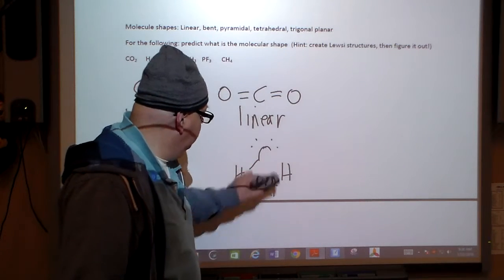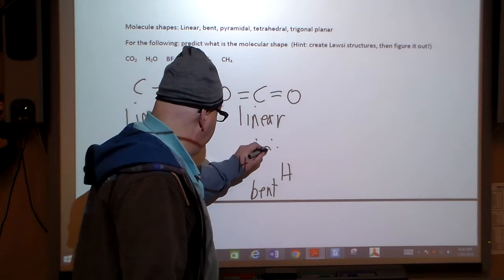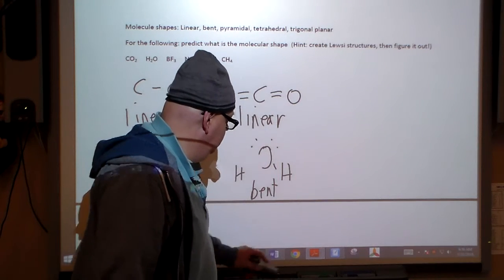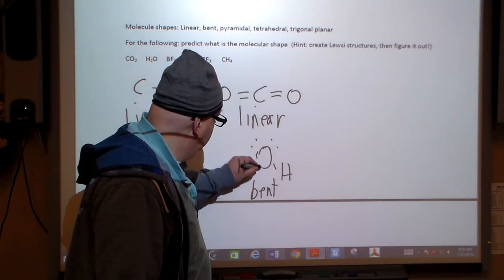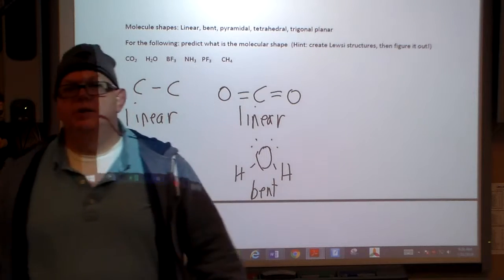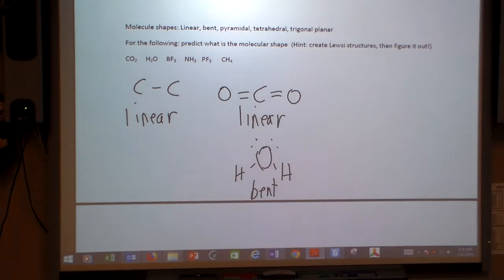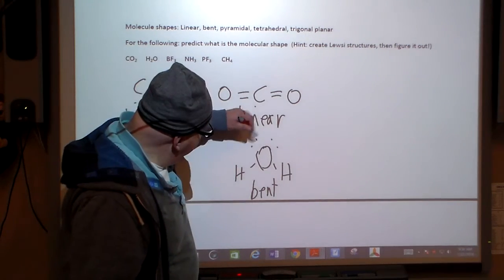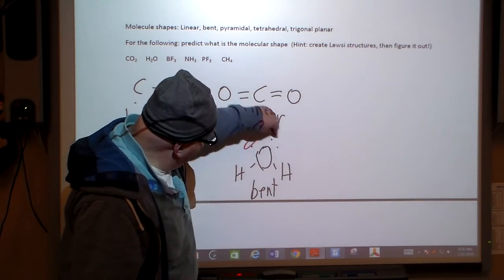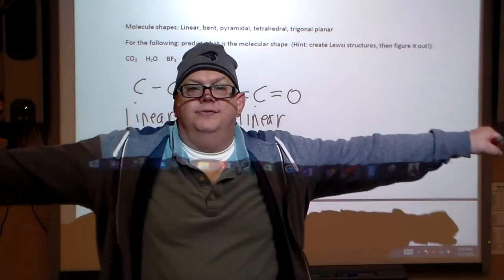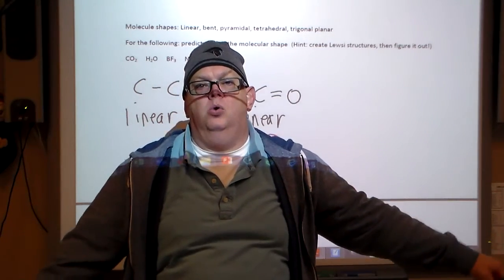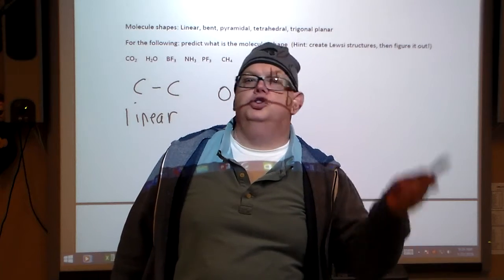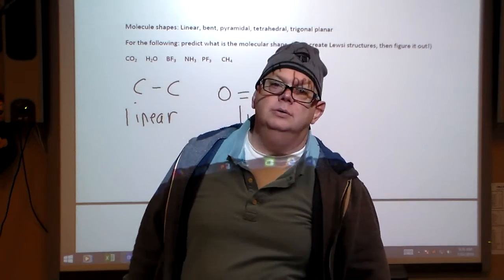That's an example of bent. What makes it bent compared to this? See these unshared electron pairs? That's what's forcing it down. That's valence shell electron pair repulsion theory, VSEPR.